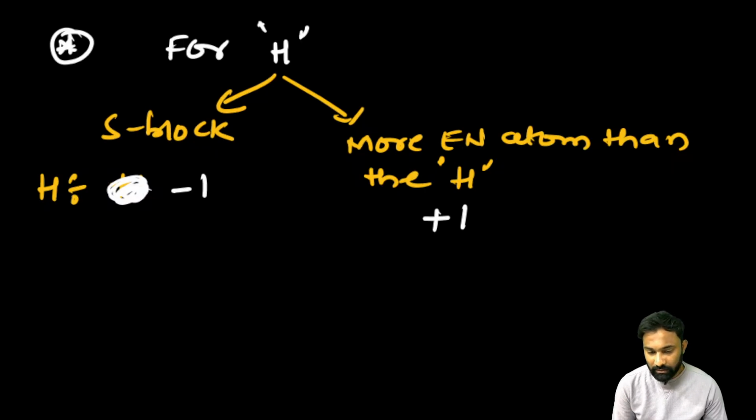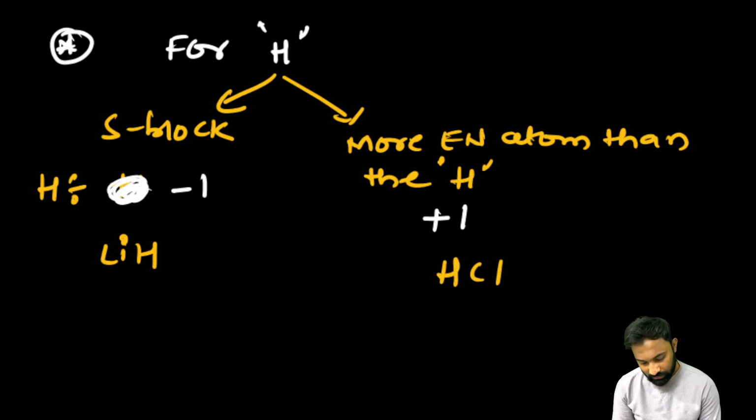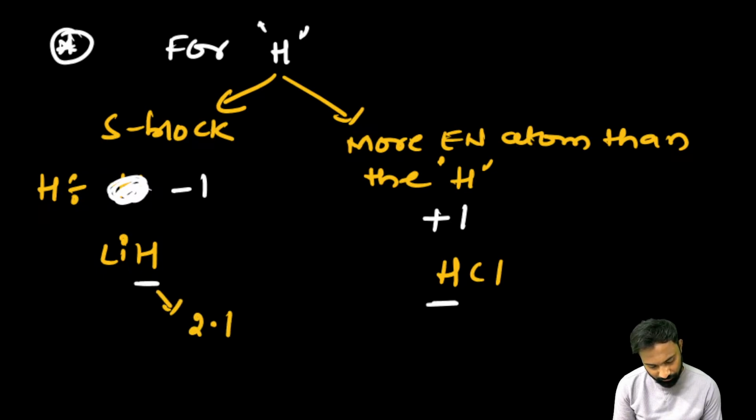My dear friend Kushi, if you see the entire lecture, then you will get to know at the end of the lecture. Now here, sir, what are the examples for it? Suppose we take lithium hydride and HCl. If they ask for the hydrogen oxidation number here, we know hydrogen electronegativity is 2.1, lithium electronegativity value is 0.9.